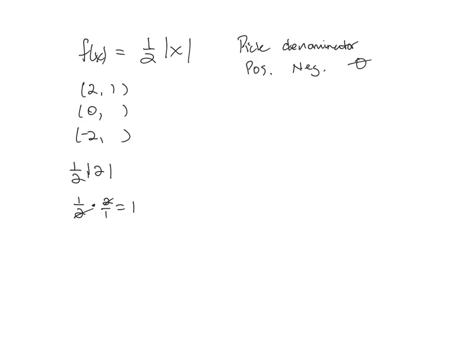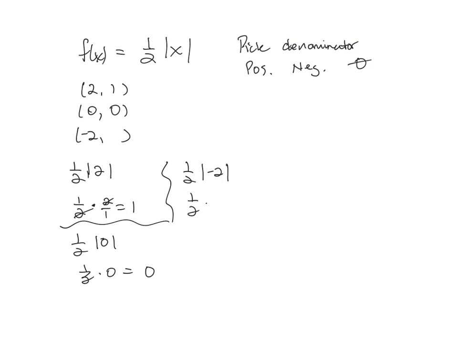If I pick 0, absolute value of 0 is 0, 1/2 times 0 is 0. And then if I pick negative 2, absolute value is positive 2, and I do the reduce thing, and I get 1 again.